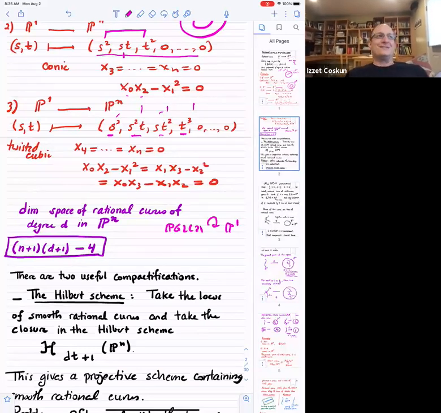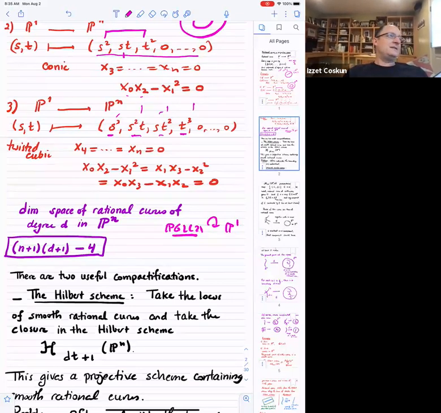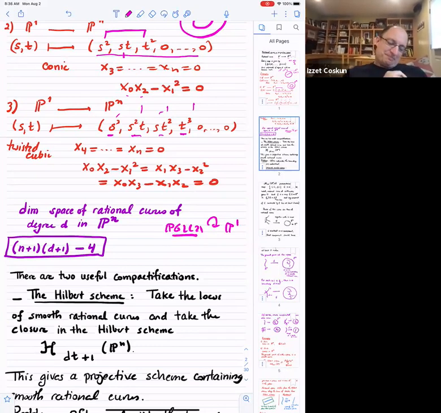And we don't want to say that the rational curve is different if you've changed coordinates. So you have to subtract another 3 for that. So you see that the space of rational curves of degree d in Pn is (n+1)(d+1)-4 dimensional. And it's an irreducible space. You can think of it as a quotient of an open set in a vector space.